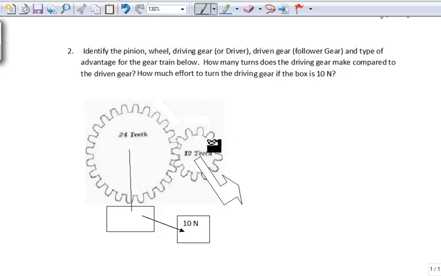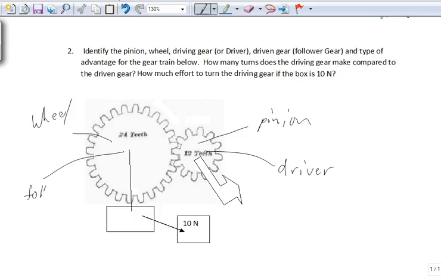So the smaller gear is the pinion, the bigger gear is the wheel. Here's our force, our crank, and so now this is the driver gear, and this is the follower gear or driven gear, and this is the driving gear.